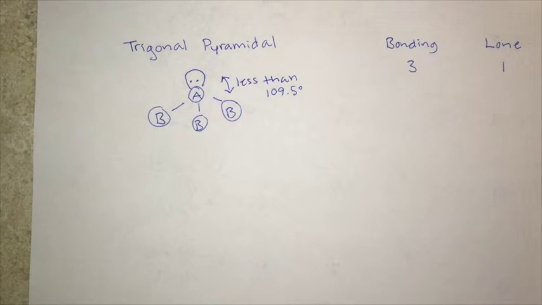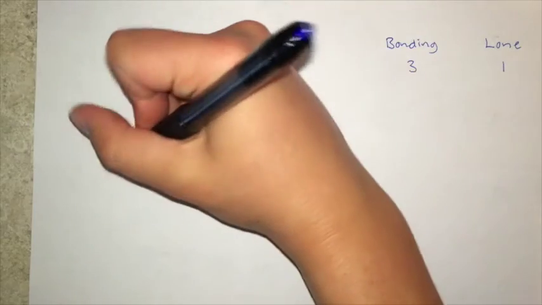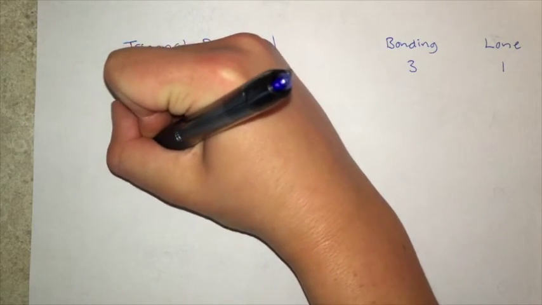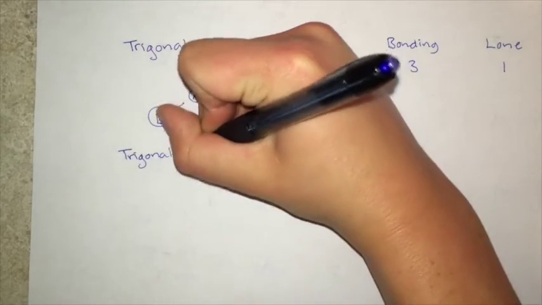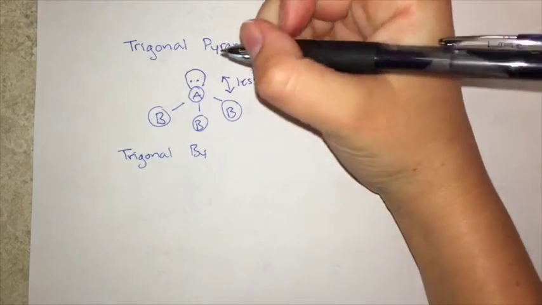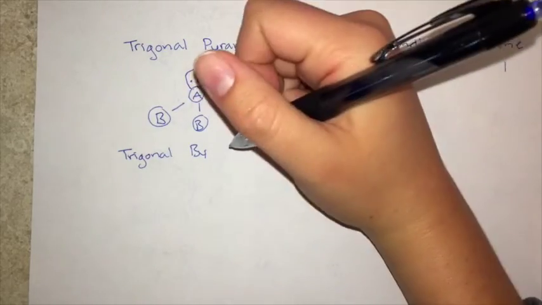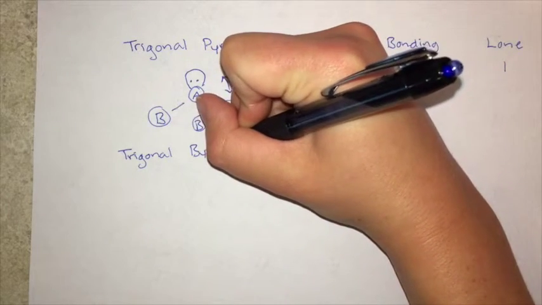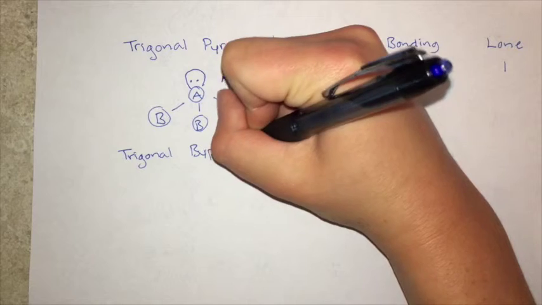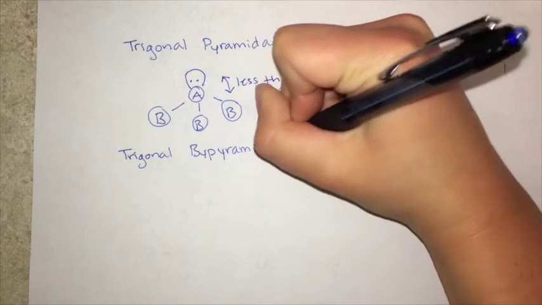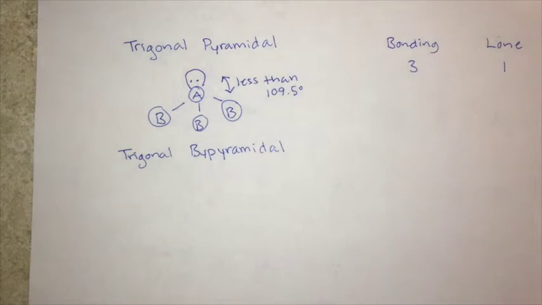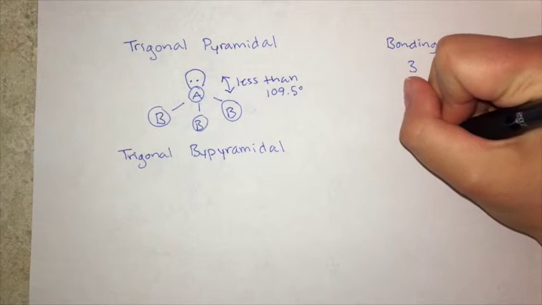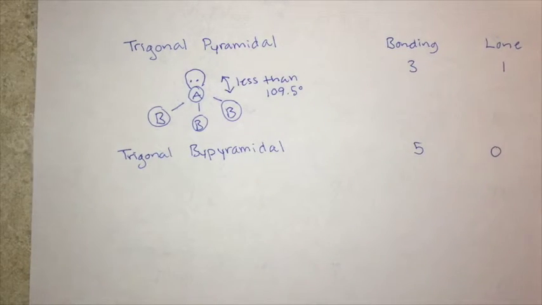The next one we're going to look at is trigonal bipyramidal, which is slightly different than trigonal pyramidal. This molecule is going to have 5 bonding pairs and 0 lone pairs.